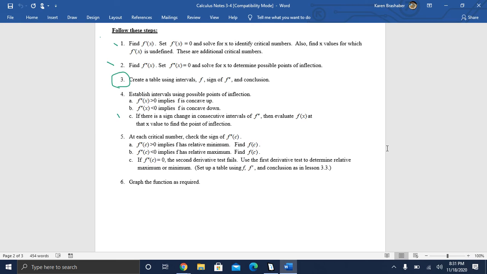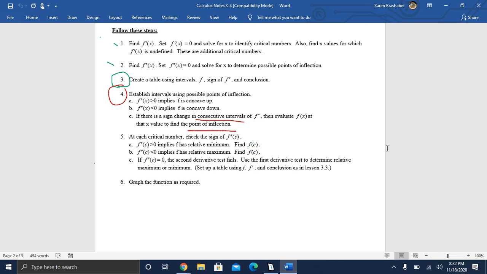So in section 4 here, f double prime being positive is concave up, f double prime negative, concave down, and looking for consecutive sign changes from up to down, you would have your point of inflection.